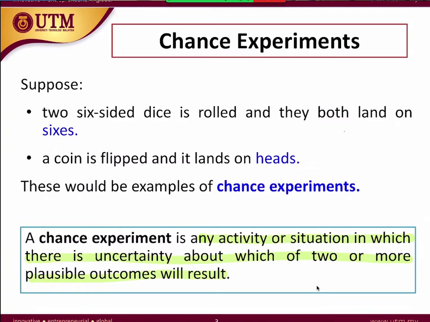An example is, when you play a game, what is the possibility that both of the dice will get 6? And what is the possibility if you flip a coin and it will land on heads? Because for a coin we have 2, head or tail. So this is what we call a chance experiment: what is the possibility of getting the certain result that we want?